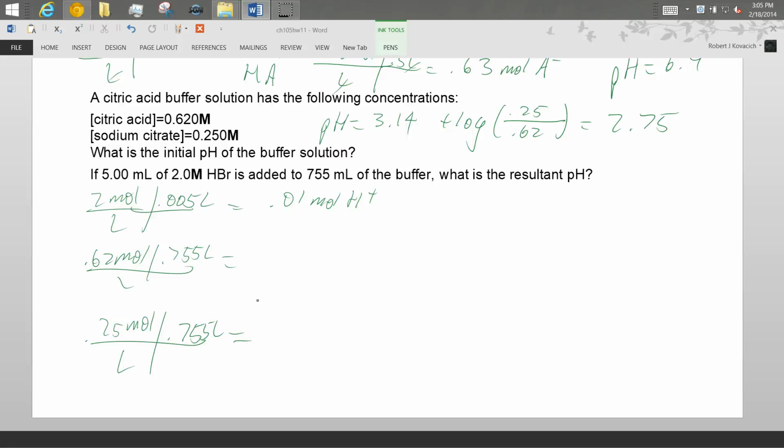Yeah, that's not this. We're not adding up the volume, because what we're trying to do is figure out how many moles, how many actual particles of weak acid and particles of salt are in there before I do the addition. Right? So this is not 760 milliliters. Somebody have a value here for this weak acid? And for the base?